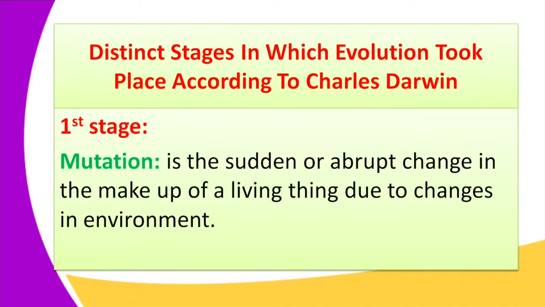He also continued by saying that man did not evolve from Adam and Eve, but that this was a popular belief in the scripture. So, according to Charles Darwin, man changed through a process of sudden, or abrupt, change in the makeup of living things due to changes in the environment that occur.